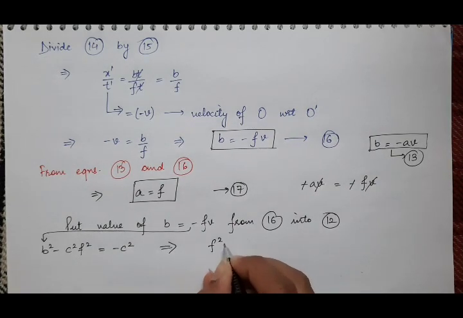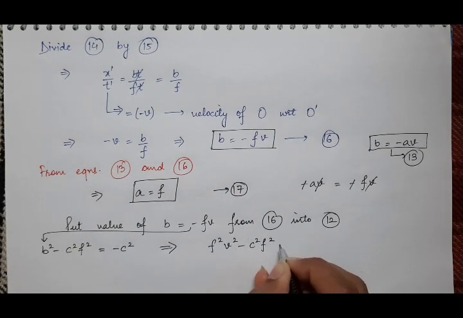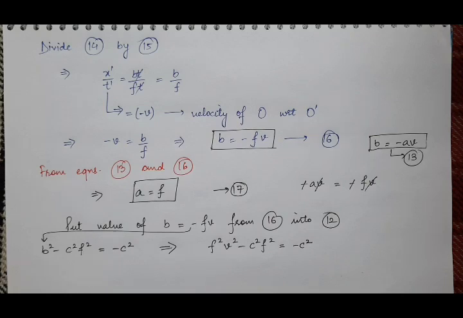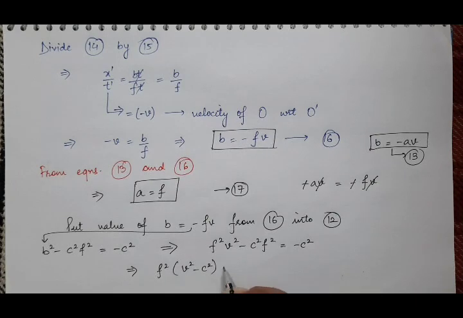F square V square minus C square F square is equal to minus C square. And find the value of F from this equation. Take F square common. You will have F square into V square minus C square is equal to minus C square.